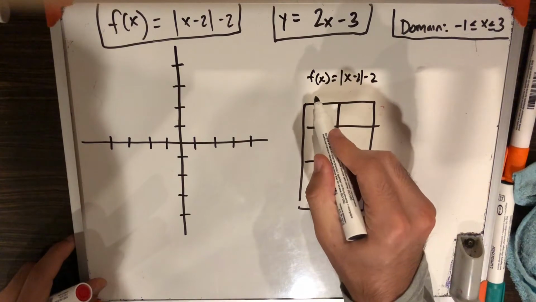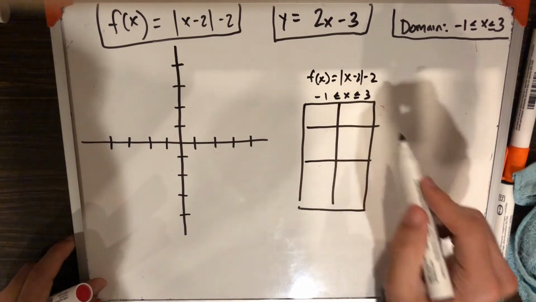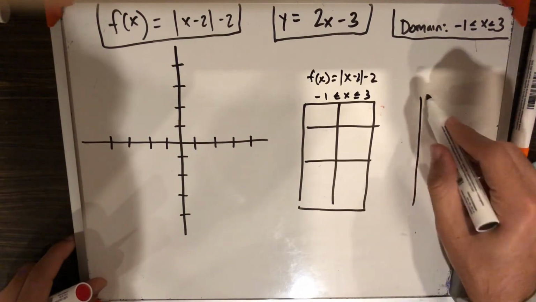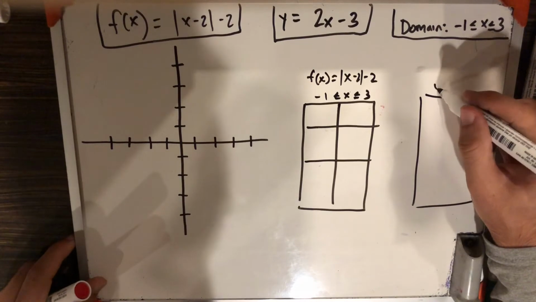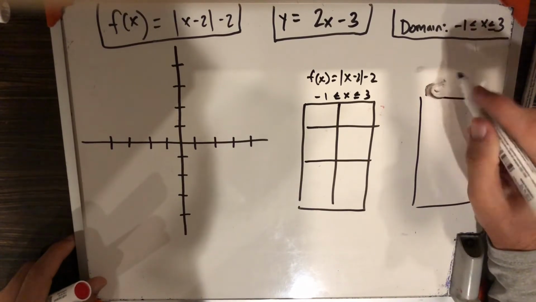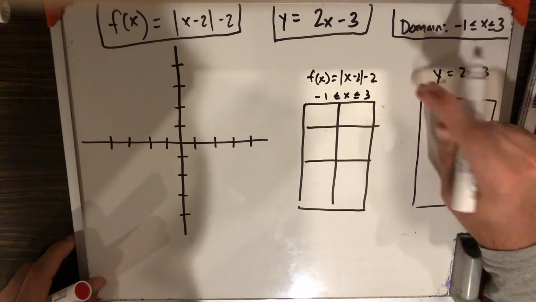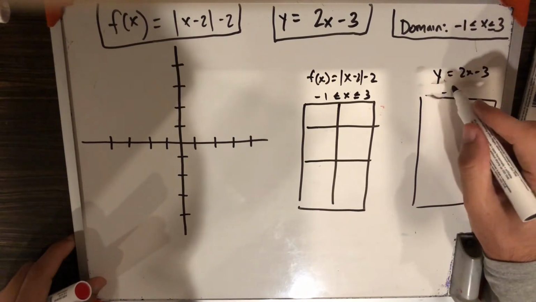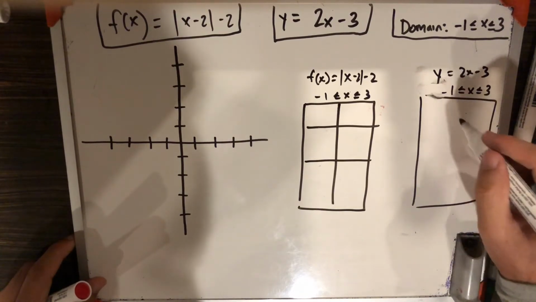And I know my domain is between negative 1 and 3, right? The other table I'll make is for this line, y is equal to 2x minus 3, and I know it has to be between negative 1 and 3.